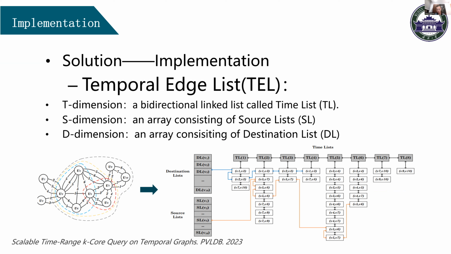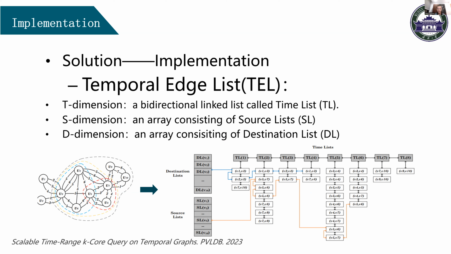In a nutshell, the temporal edge list actually preserves a temporal graph in a three-dimensional list, namely the source list, the destination list, and the time lists. On the right side shows a partial TEL of the example graph. For example, let's look at the edge V5, V7, with timestamp 2.